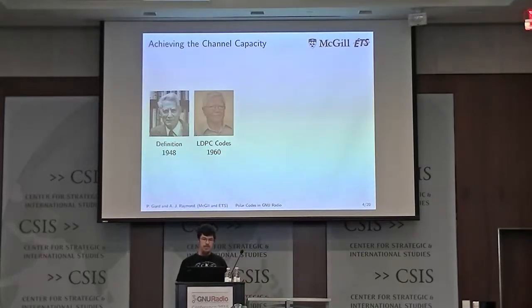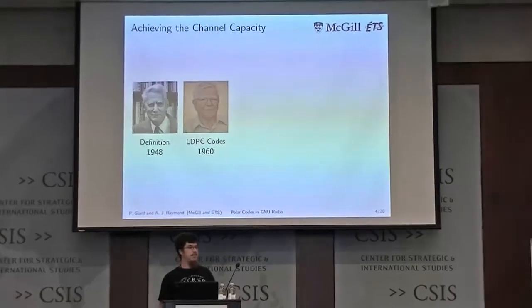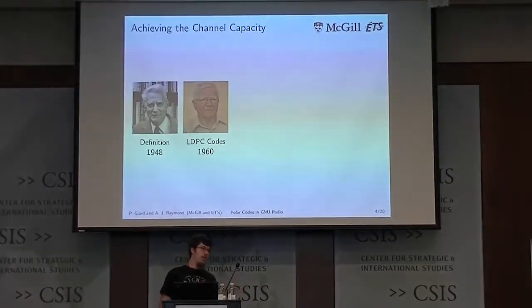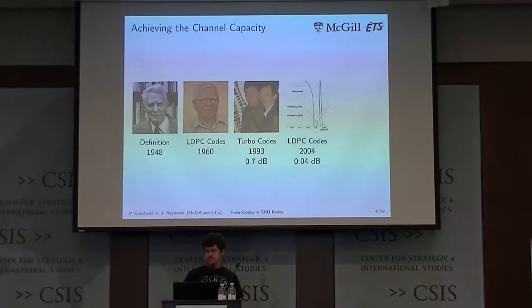Robert Gallager proposed in the 60s the LDPC codes, but unfortunately back then they were too complex for the computers we had, so we sort of forgot about that. In 93, Berrou and Glavieux came up with the turbo codes that were 0.7 dB away from the channel capacity, so very good. Then in 2004, the LDPC codes were rediscovered by MacKay.